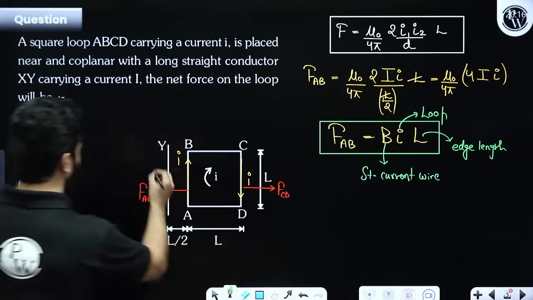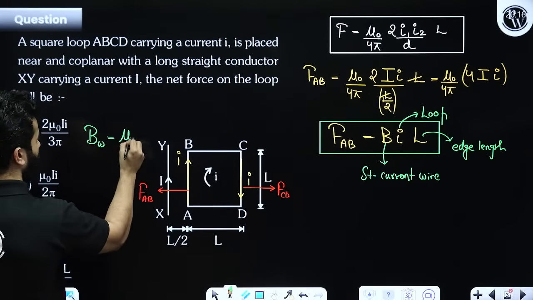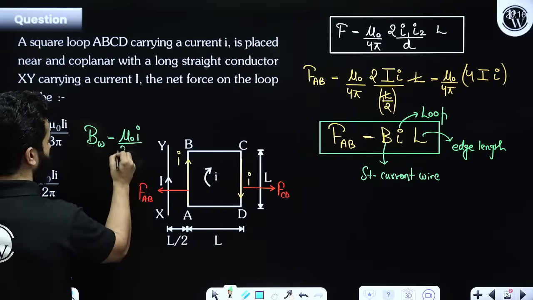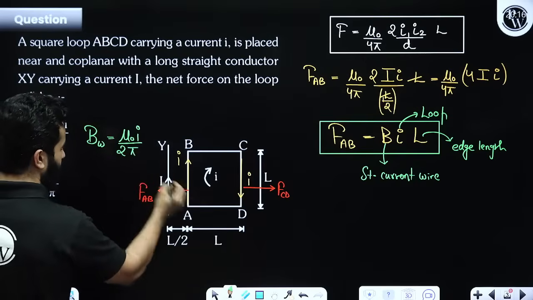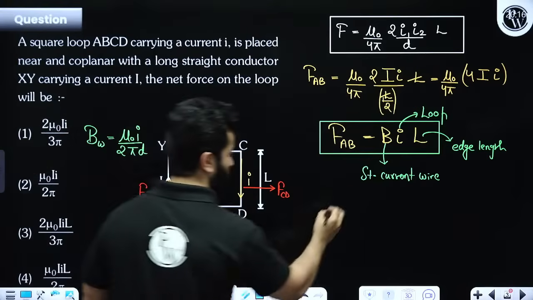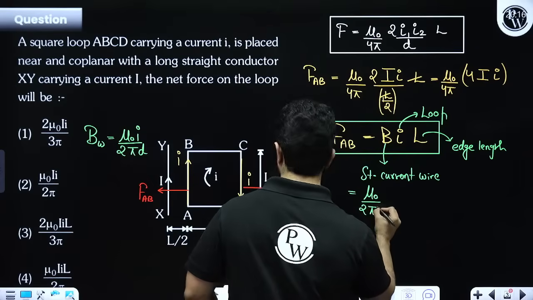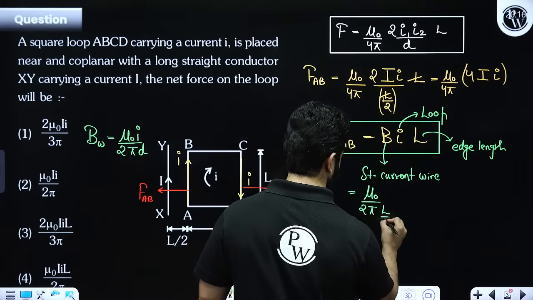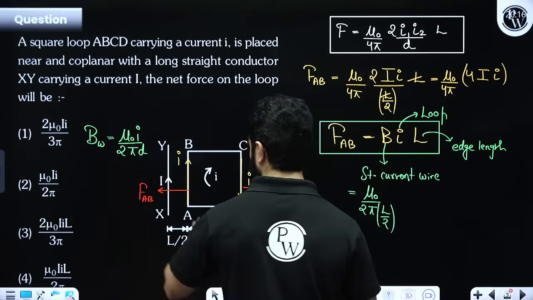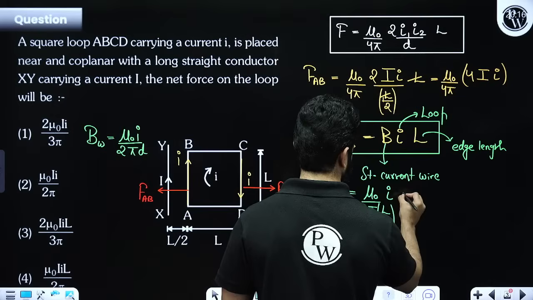And magnetic field of the wire, I am going to write it down as mu naught I upon 2 pi into D, right? So I am going to write down mu naught upon 2 pi. Instead of D, first I am going to write L by 2, and this current I am going to write it down as I, and length I am going to write it as L.